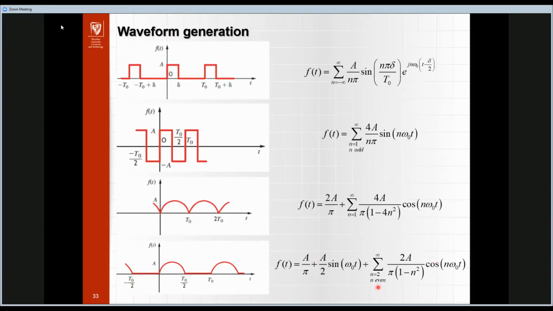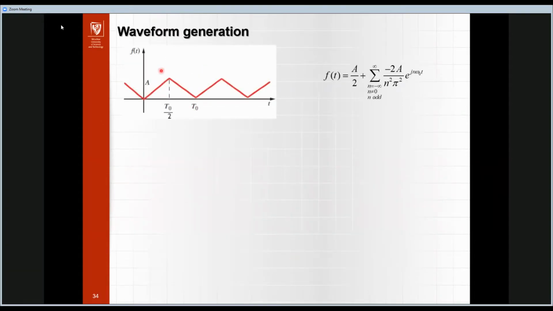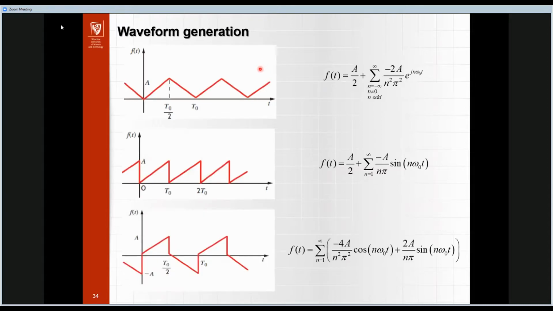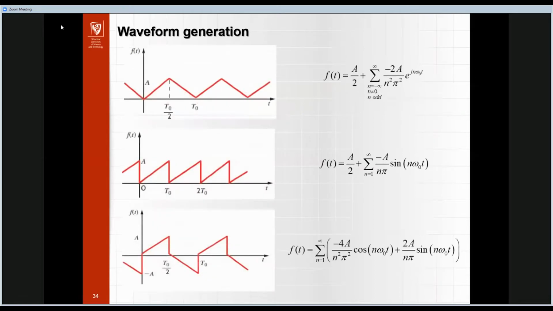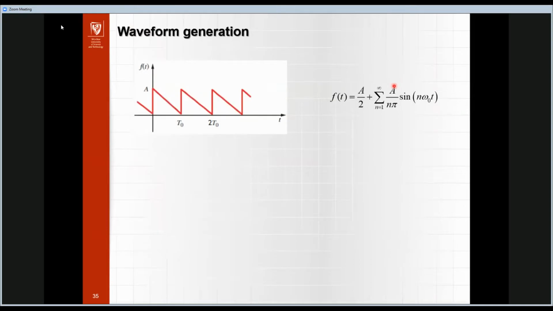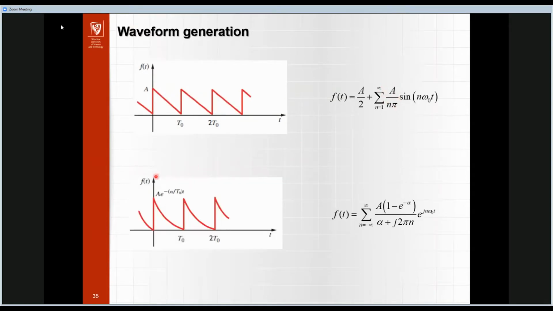For example, we have here the even harmonics in this signal, and it is the triangle signal, sawtooth, and some assembly functions, and different types of sawtooth. The difference is only in the sign of the amplitude here. And for example, these functions have changing amplitude connected with the exponential functions.